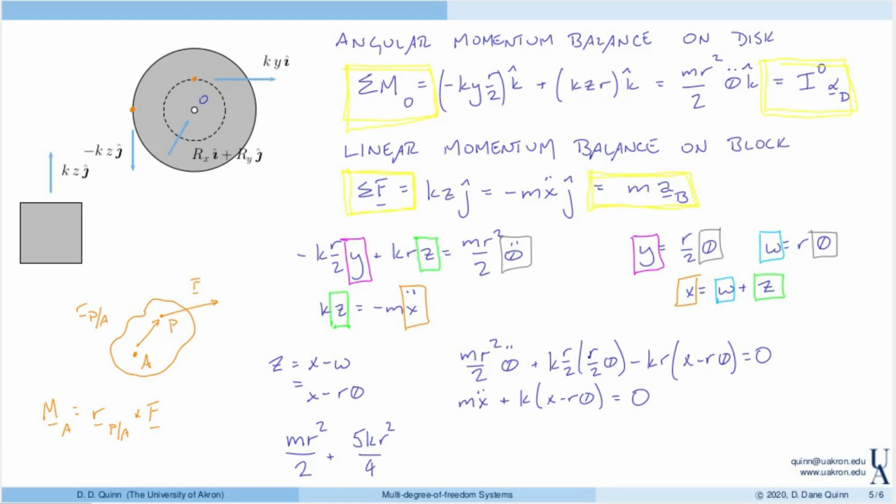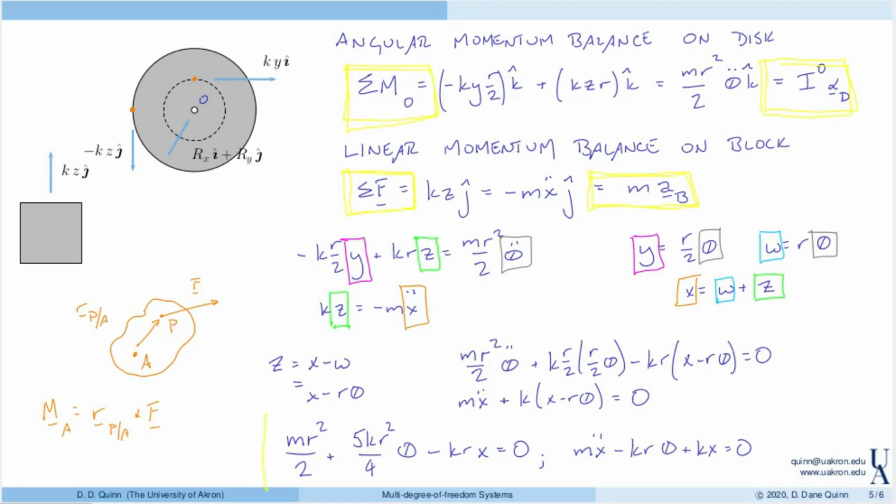Notice that I have a kr squared over 4 here, and then I've got another kr squared there, minus kr times x equals 0. And the second equation is mx double dot minus kr theta plus kx equals 0.